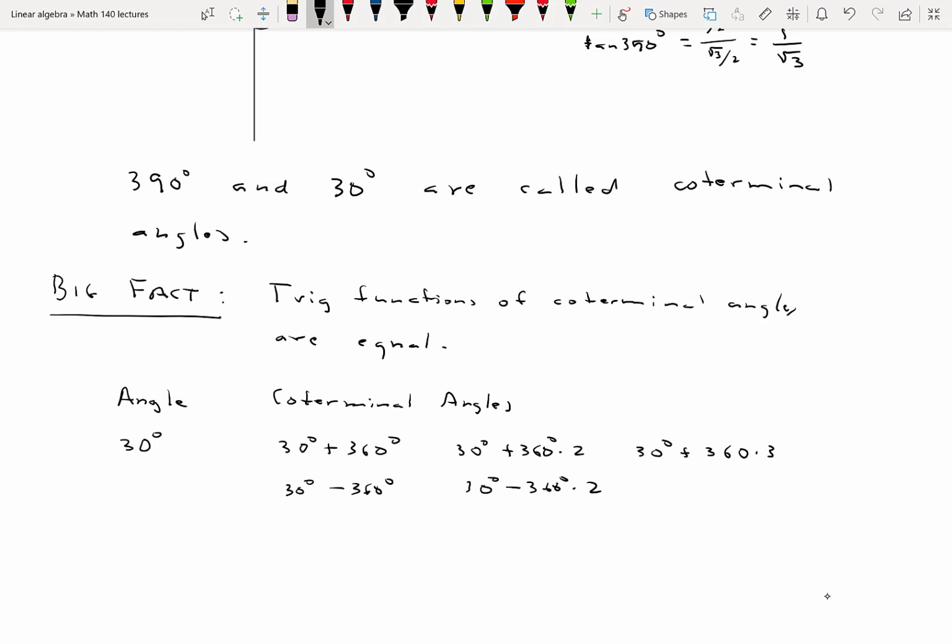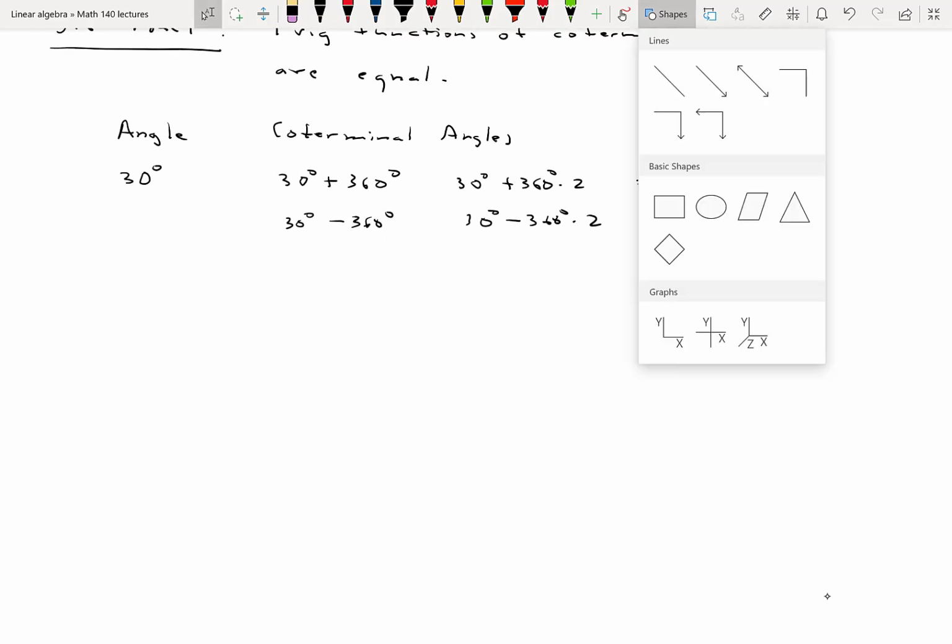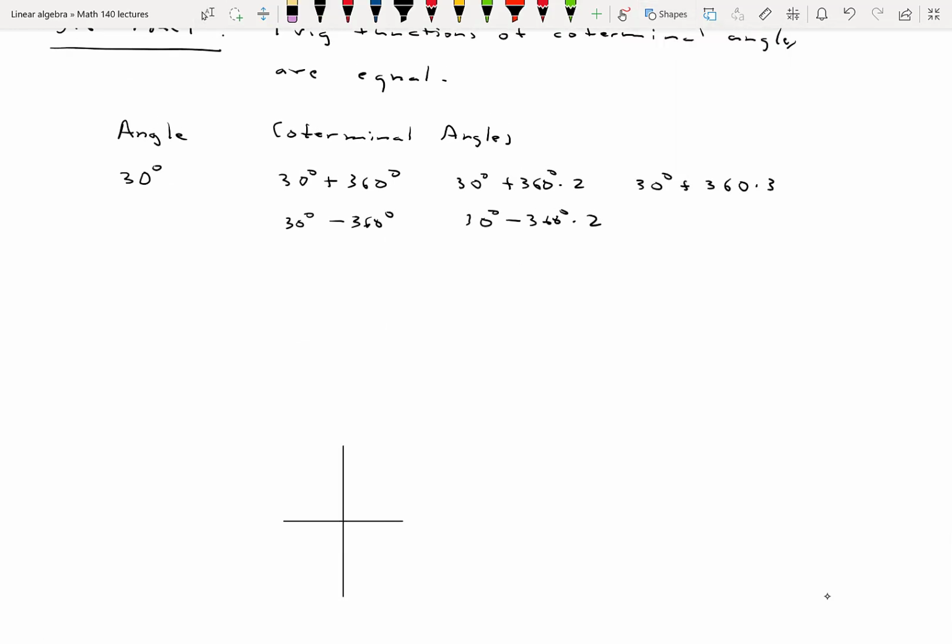Okay, so if you're not sure about that, let's draw that idea right here. Here's 30 degrees. Let's make the x-axis a little bigger. Here's 30 degrees plus 360.